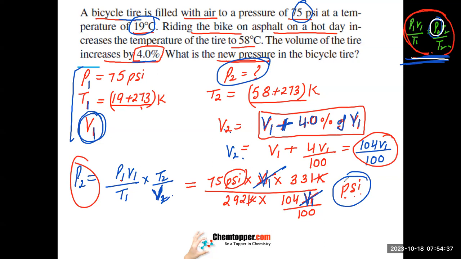Can you check the answer, children? No, Arjun, your answer I think is wrong, because yes, pressure will increase, but not so much. Okay, children, can you calculate it?